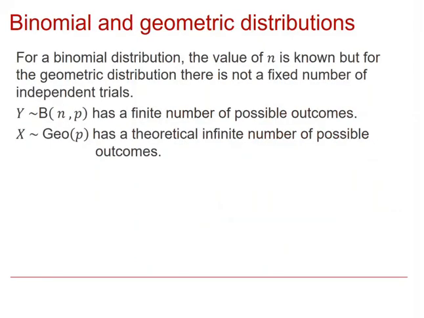So to summarize here, with the binomial distribution we have a fixed value of n, but for the geometric distribution there are no fixed number of trials. The binomial has a finite number of possible outcomes. With a geometrically distributed variable, there's a theoretical infinite number of possible outcomes.